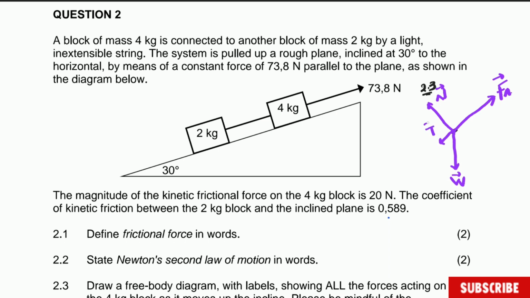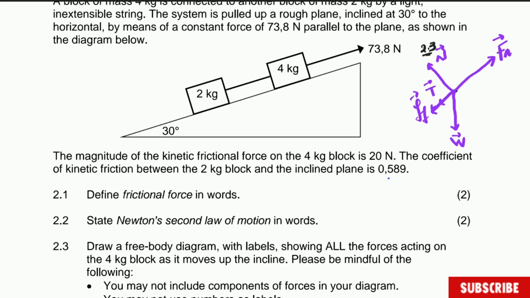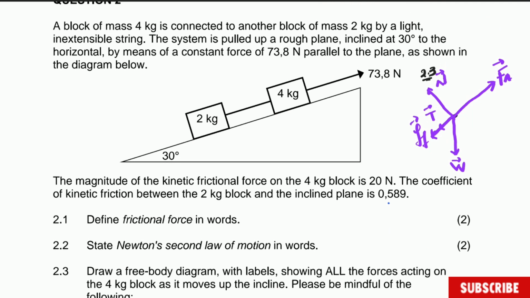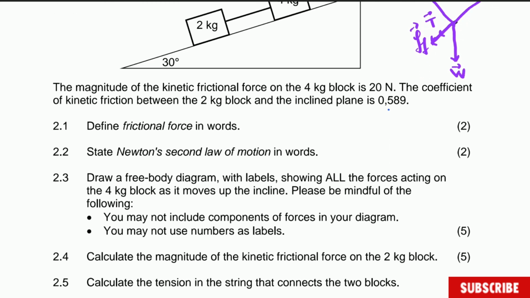There is also friction on that block, straight along the line with tension. I'm going to draw it a little bit longer, but it doesn't need to be; it could be short or long. It does not really matter in this case. So this is frictional force, and those are the forces acting on the 4 kg block. If you count, you have 1, 2, 3, 4, and 5 forces, and here there are 5 marks. So that is the free body diagram they want. I always told you that for these questions, you cannot add the components or even the axis.